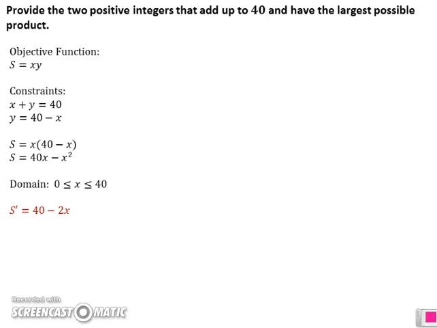Okay, let's take the derivative, which is just 40 minus 2x. Set that equal to 0, and then find your critical point. In this case, it's 20. And now at this point, as I showed last time, you could make your first derivative test and plug numbers into the derivative equation.